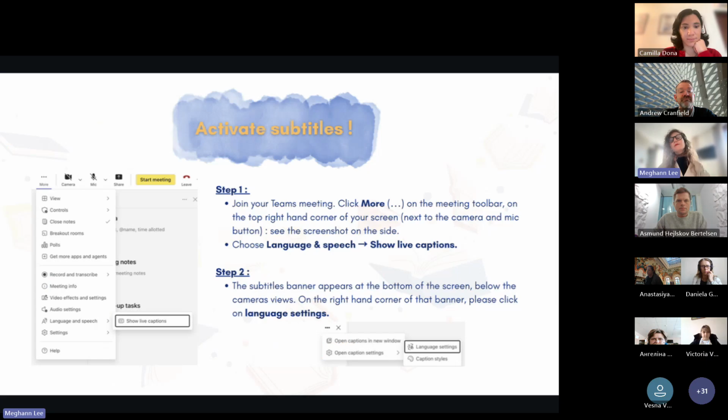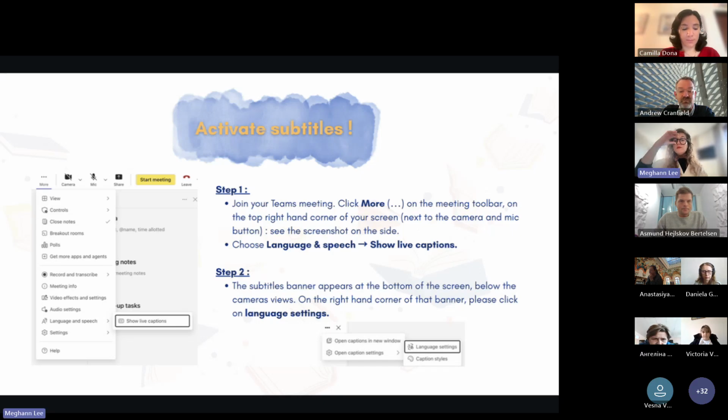First of all, our presentation today will be in English. So if you would like to activate the subtitles, please do so. Here are the steps on how to add them. Within the Teams meeting, please click on the More button, which you should find at the top of the screen with those 3 little dots. It'll be next to the camera icon. From there, please select Choose Language and Speech. Then click on Show Live Captions.